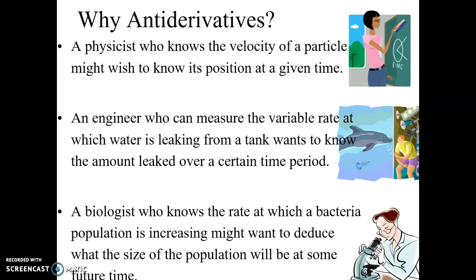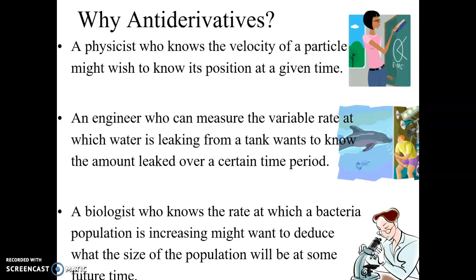This particular example happened relatively recently, when the Deepwater Horizon, an oil rig out in the Gulf of Mexico several years ago, had an explosion, and BP had oil leaking into the Gulf. They knew the rate at which the oil was leaking, the time it started, and the time they capped it.